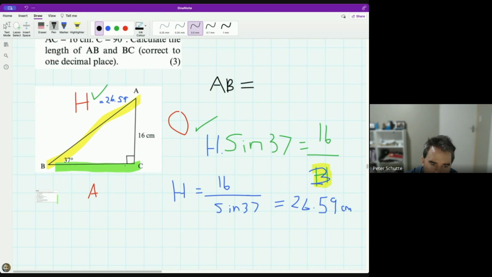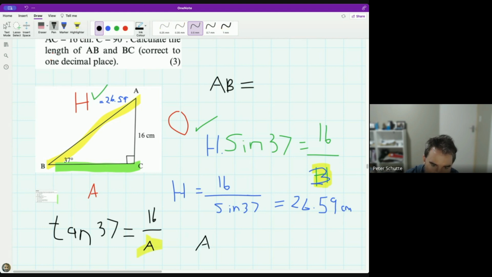So if we want to find the green one, we need A, and we've got O, so I'm going to use the ratio tan. So I'm going to write the tan of 37 is equal to O, so 16, over A, which we don't know. The same as last time, we're going to move this A to the other side.